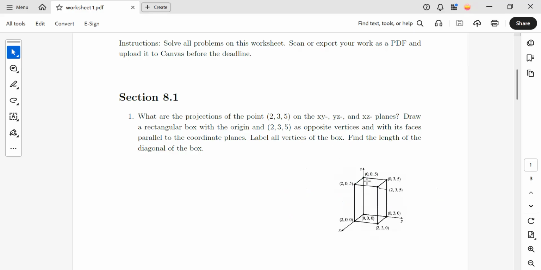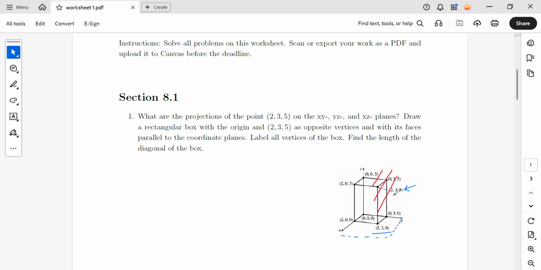As you see, this is the given point, and the projection on the xy plane, which is this part, is 2, 3, 0.